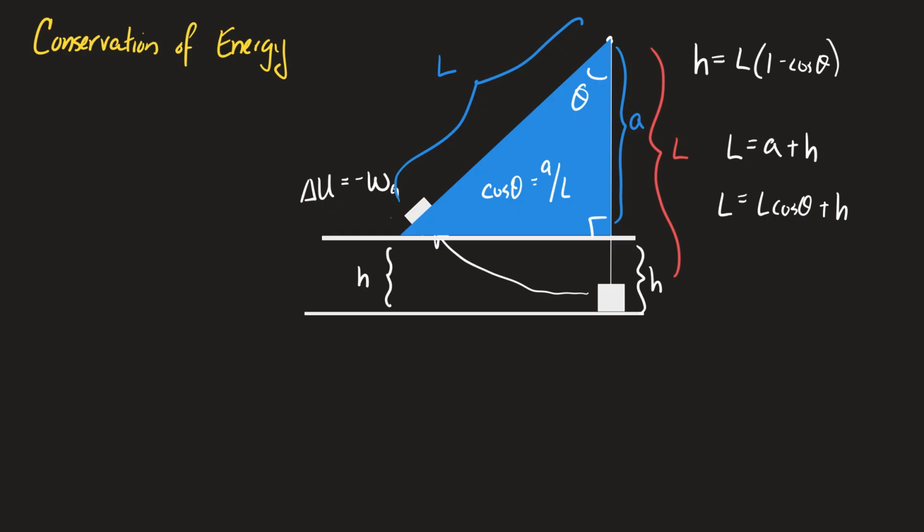You see it all right? So H equals L minus L cosine theta. So H equals L times 1 minus cosine theta.